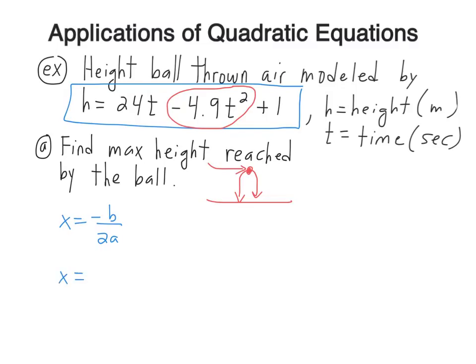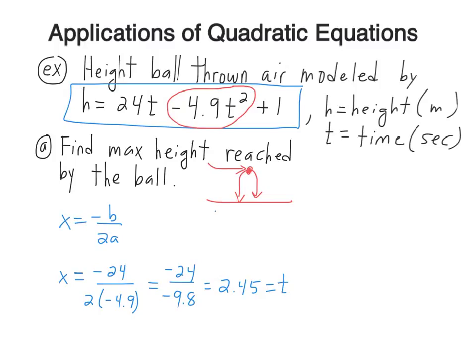So the negative b here, that's our linear term, so that's negative 24, and then 2 times a, the a is negative 4.9. Don't forget about that negative in front. So when we clean that up, we get 2.45. Now remember, that really is our t value, our time when that happens.